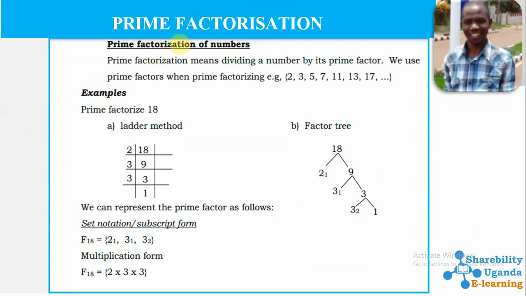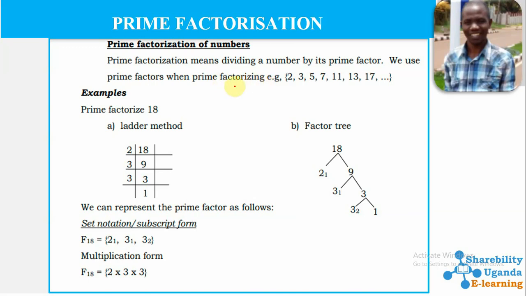But now when we come back to prime factorization, they are telling us that we shall be dividing a number by its prime factors. So that simply means we use prime factors when prime factorizing.